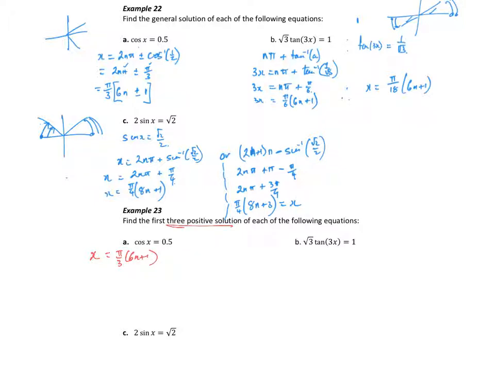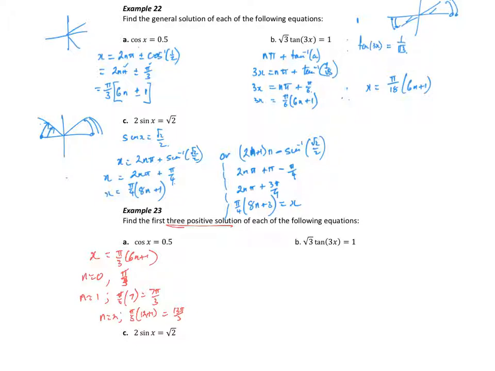So if I just put n equal to 0, I get 1 inside the bracket, so I get pi on 3 as a solution. If n is equal to 1, I get pi on 3 times 6 times 1 plus 1, 7, which is 7 pi on 3. And then if I put n equal to 2, I get pi on 3 outside of 12 plus 1, which is 13 pi on 3. So there's my first three solutions for that one.